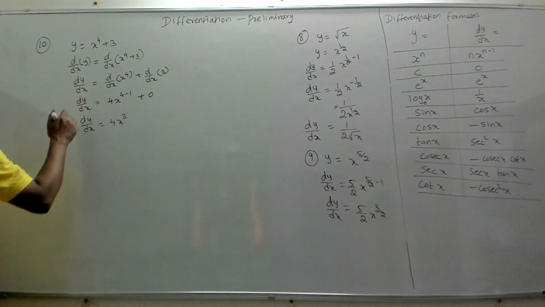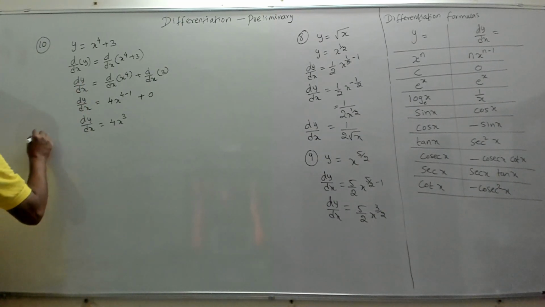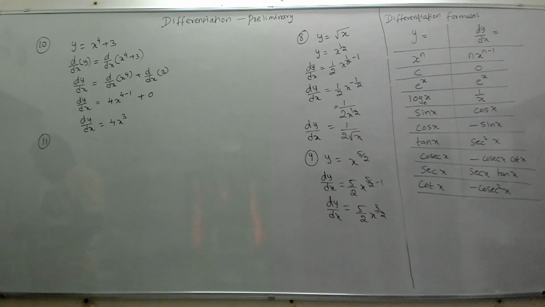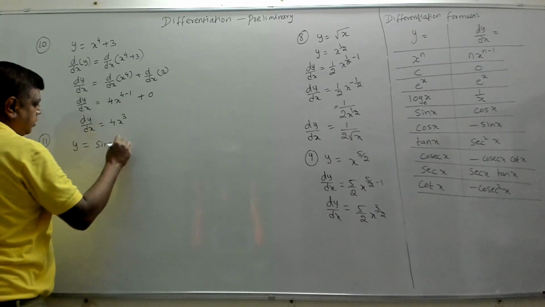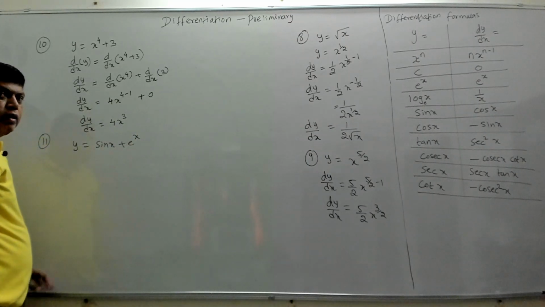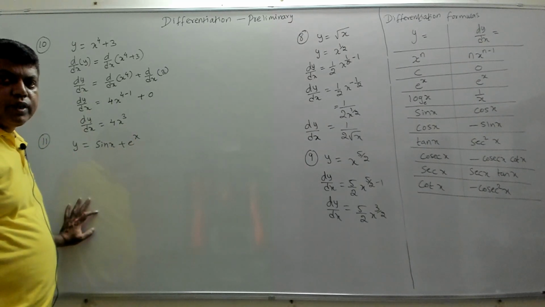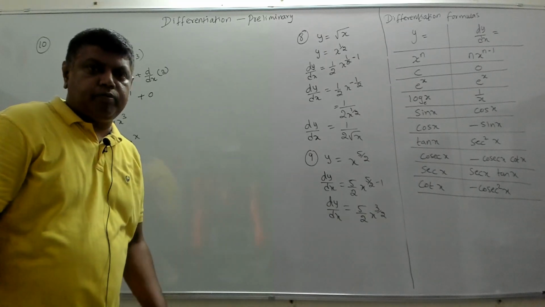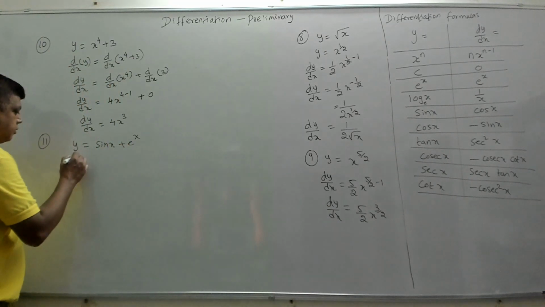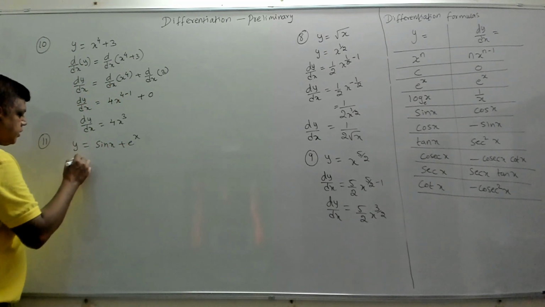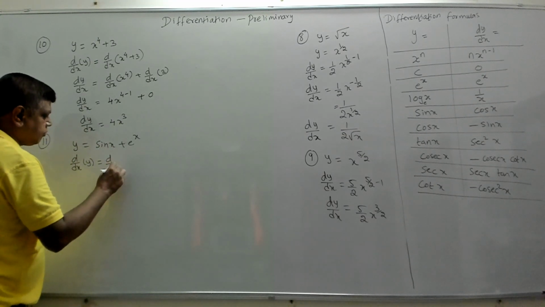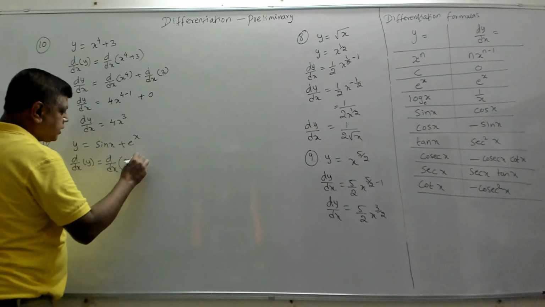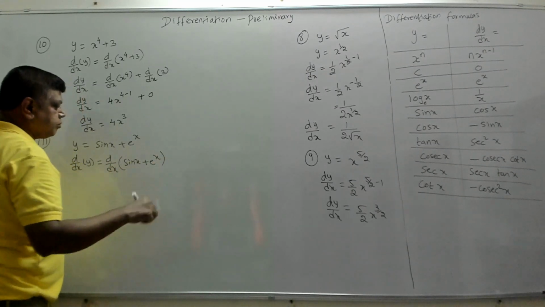Right? That is possible. Now the 11th problem. Suppose let's take y is equal to, suppose sin x plus e power x. So we want to differentiate this function. Y is equal to sin x plus e power x. So again, we'll say differentiation of this is d by dx of y, that is equal to d by dx of sin x plus e power x.